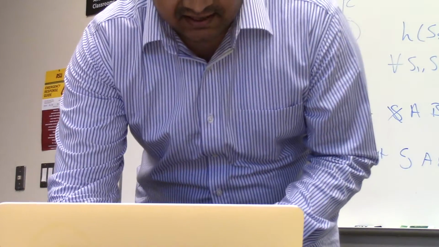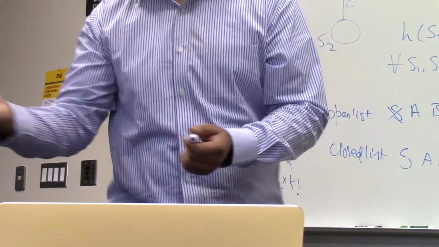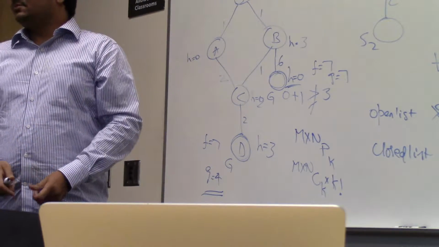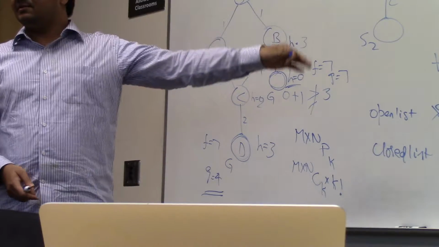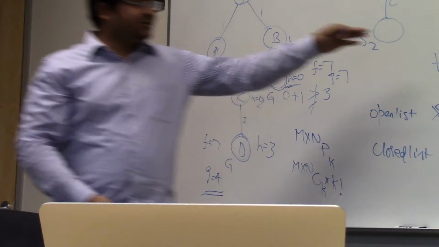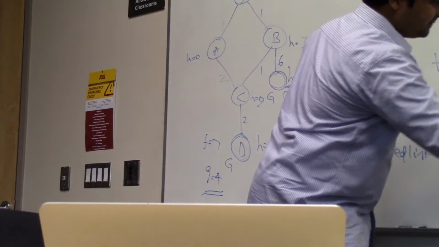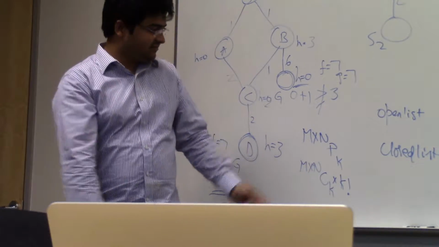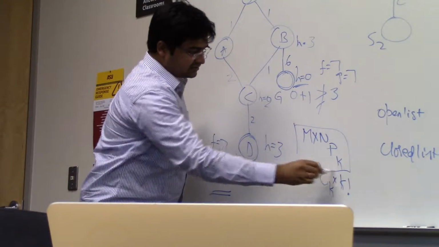If it's mn power k, then it's wrong, clearly. It will include cases where all the insects are in the same place. Let us say the first insect is in 1 into 1, the second insect is in 1 into 1, and so on. That is also counted in this formula. But if we want that no two insects should be in the same place, then we will actually have this.